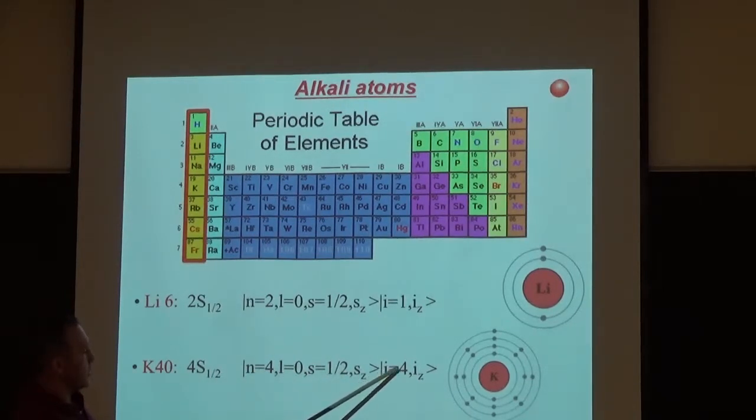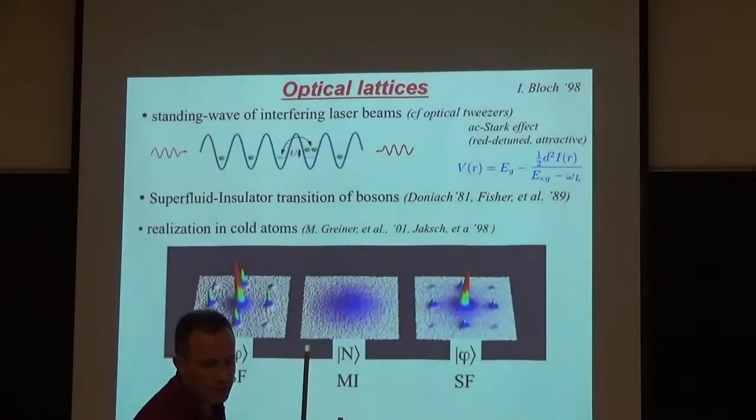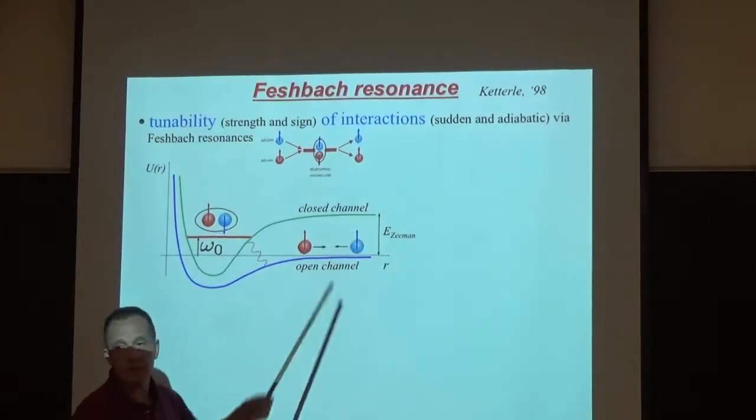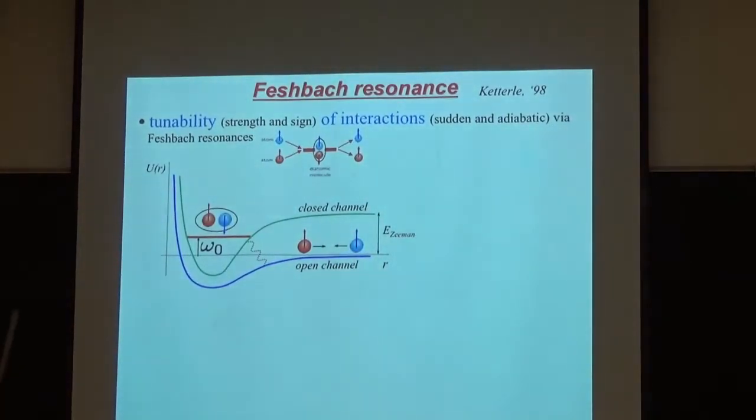So then you form 4 plus a half and 4 minus a half F states, hyperfine states. And then they have a whole ladder of M sub F states. That's how you would label these states of these two atoms if there was no magnetic field. But when they interact, and also in the presence of a magnetic field, those are not the eigenstates of the system.